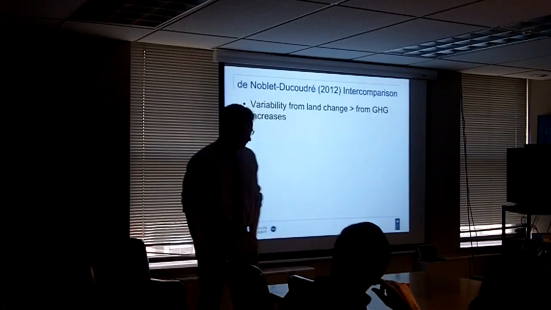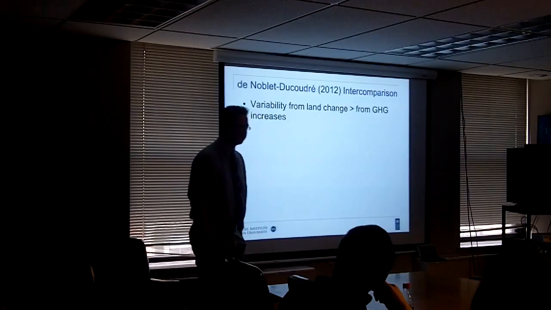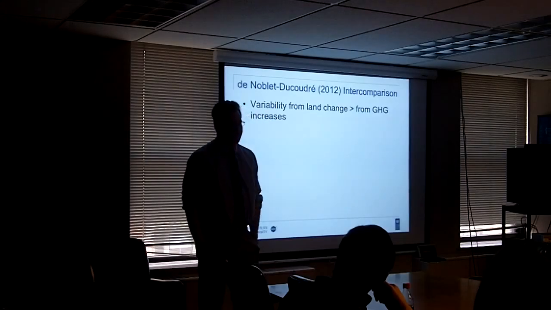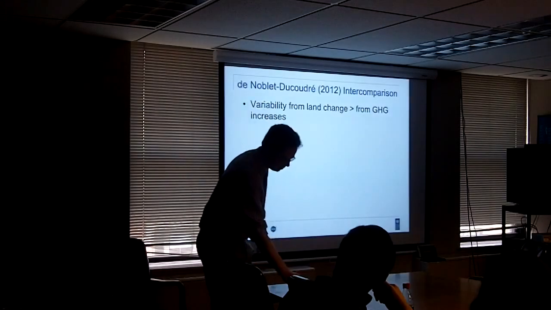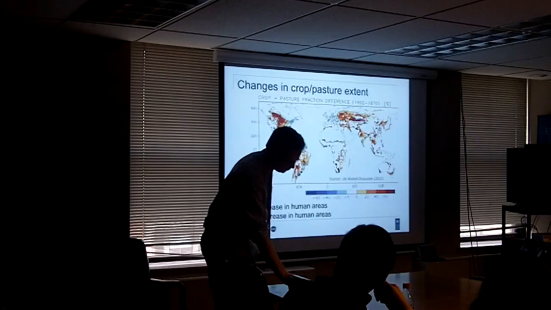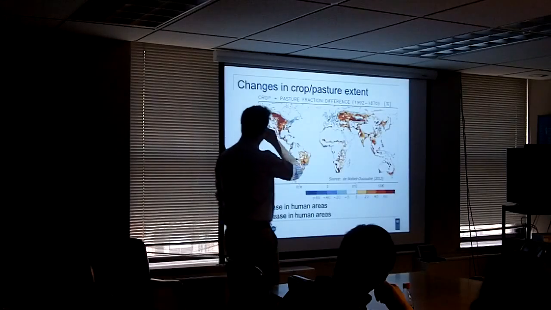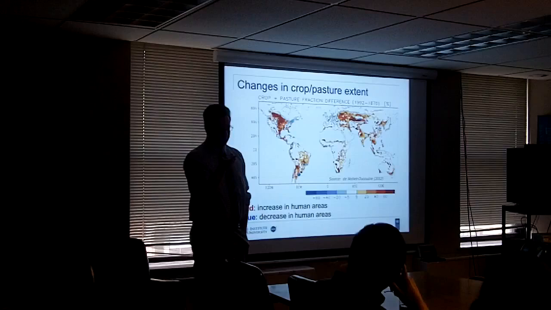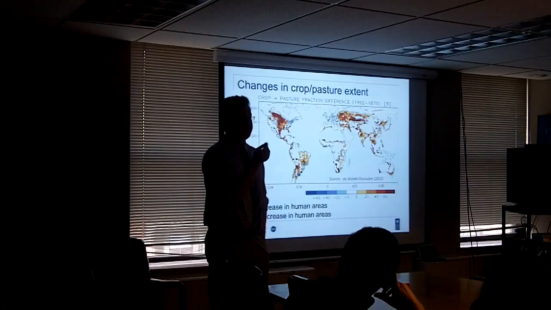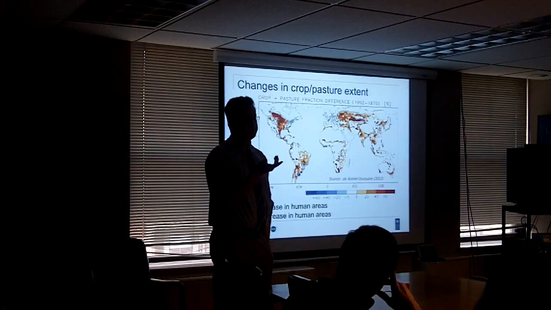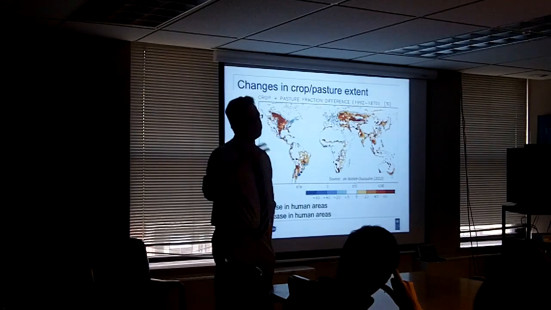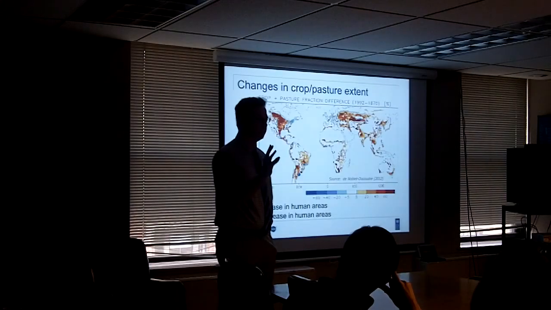It was quite significant. Reading through their paper, when they put in these changes in crop and pasture extent, the percent change of natural vegetation in a grid cell ranged from a change of 30% to maybe 50%.